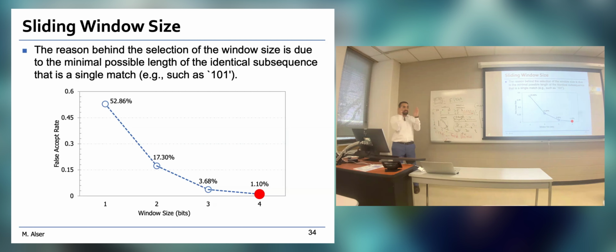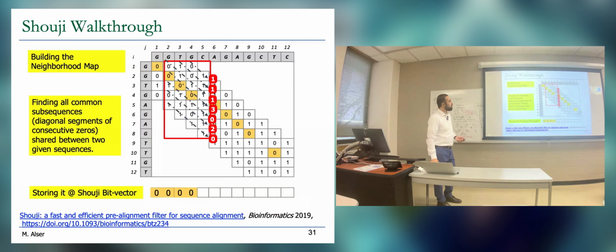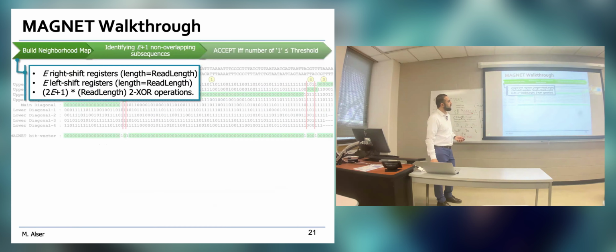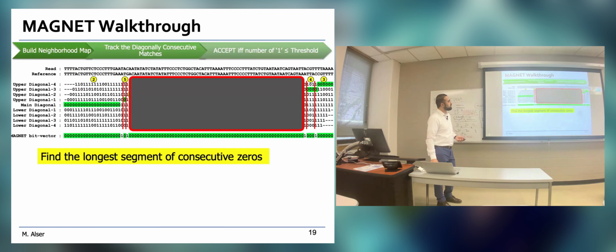We are basically limiting our sight to focus on 4 columns or 4 zeros at a time. So the lower we limit the size of the window, the more we are not going to see those long matches of zeros.